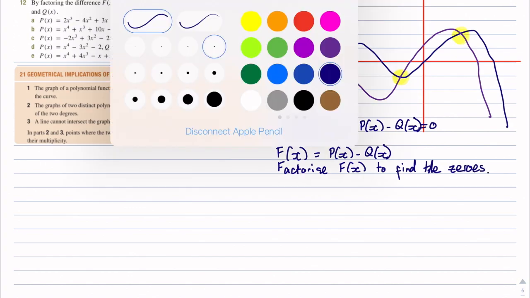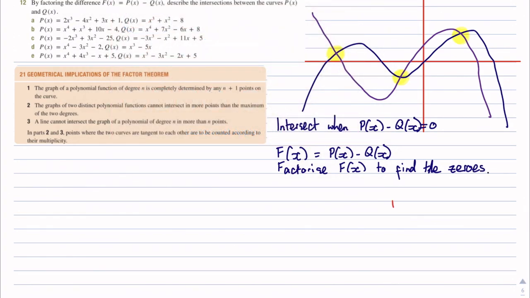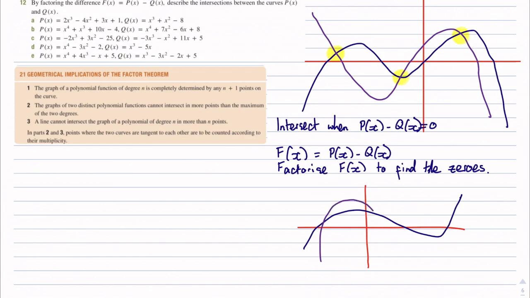Now, sometimes you'll have the situation where, I'm just going to do this one fairly small and rubbishly. So let's say I had this, and let's say I had something like that.